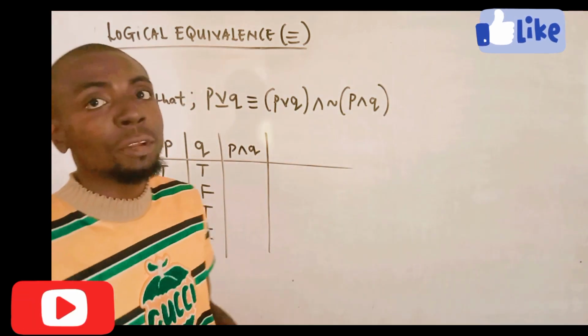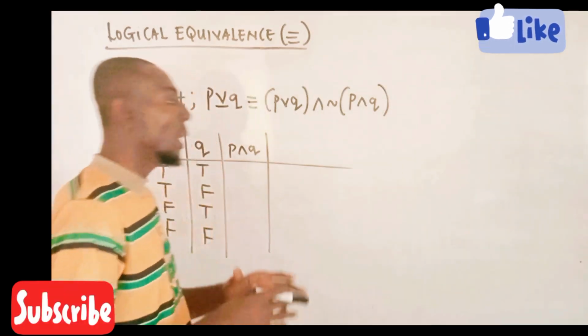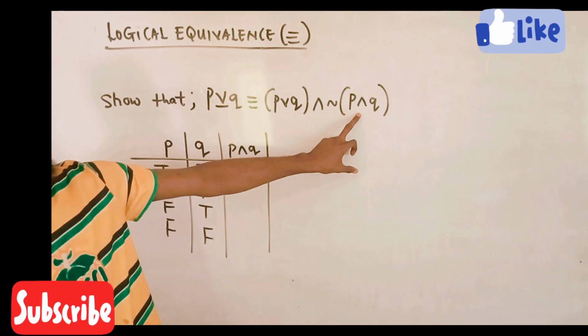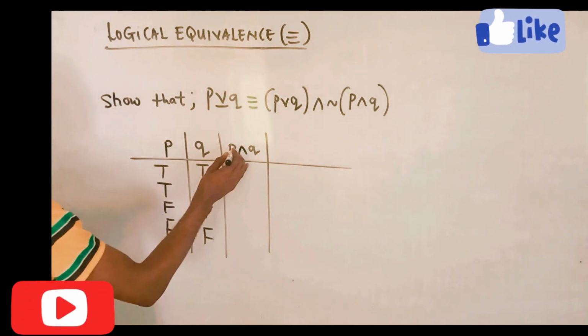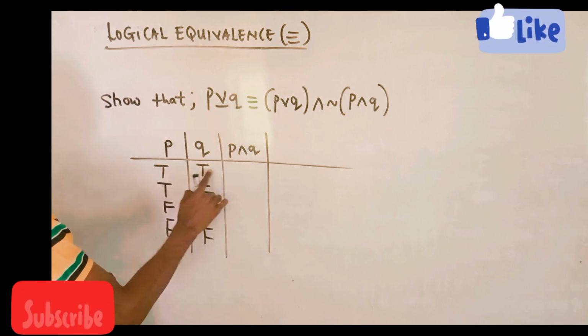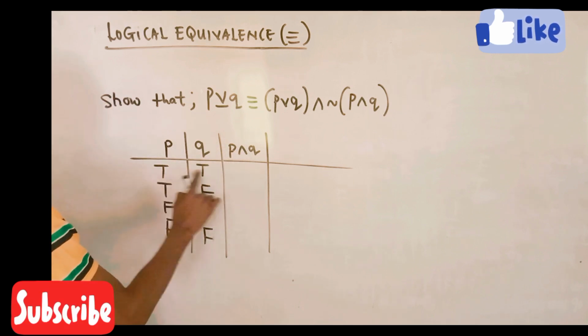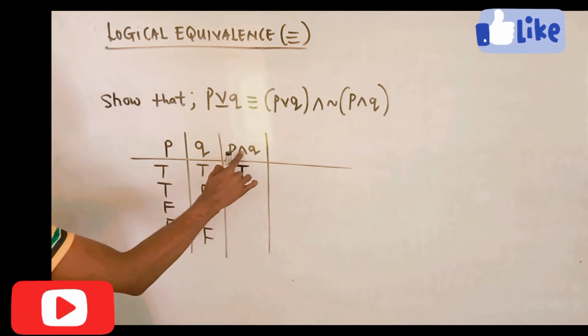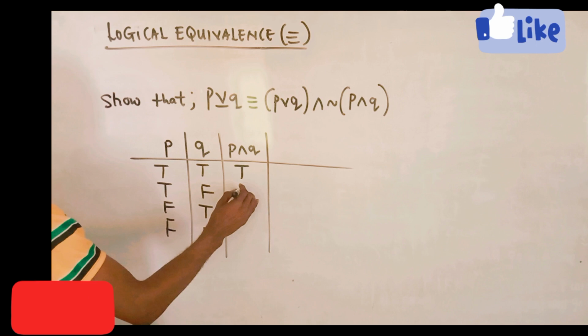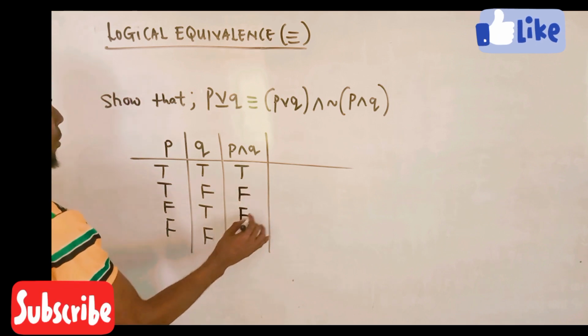So I bring in the one that has negation just as I did before. Under P and Q is conjunction. We maintain only the place we have truth as far as a conjunction is concerned. Then the others are false. Okay?